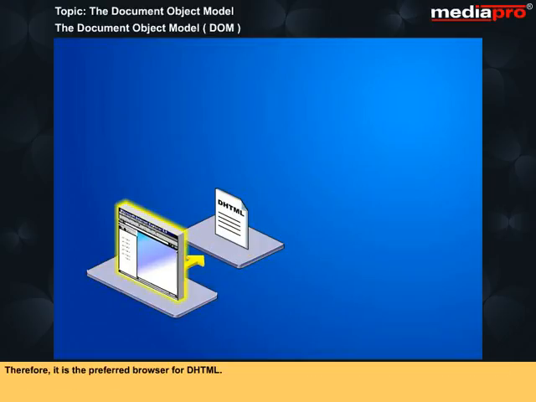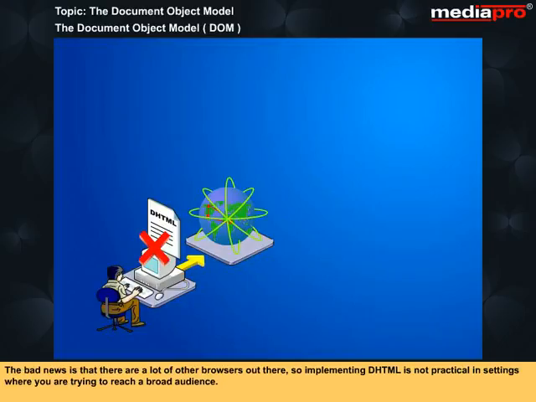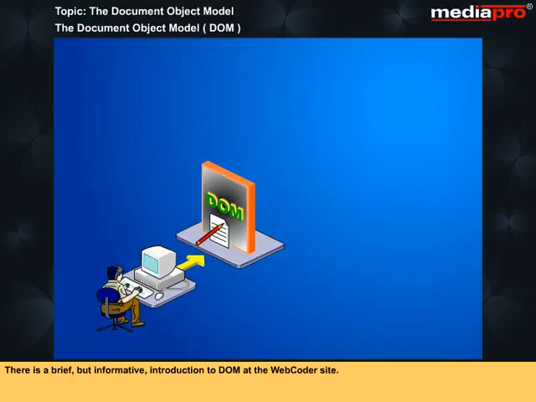Therefore, it is the preferred browser for DHTML. The bad news is that there are a lot of other browsers out there, so implementing DHTML is not practical in settings where you are trying to reach a broad audience. There is a brief but informative introduction to DOM at the Webcoder site. It is also a fine example of DHTML.